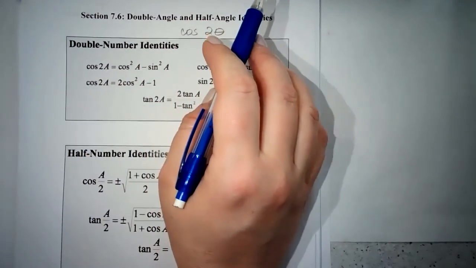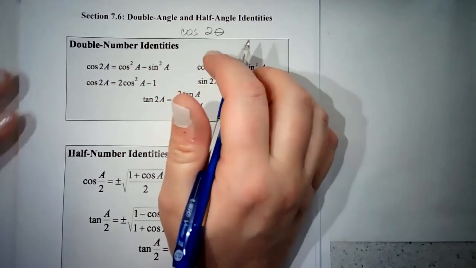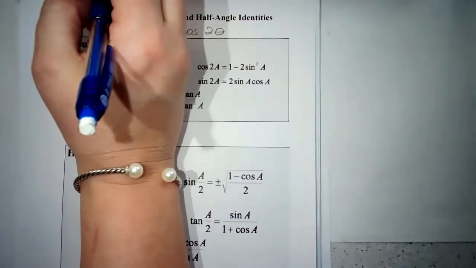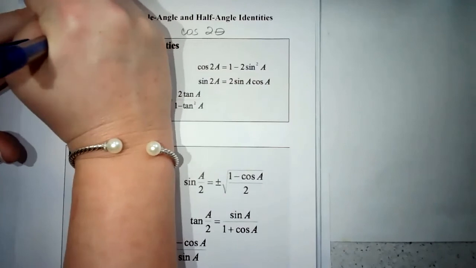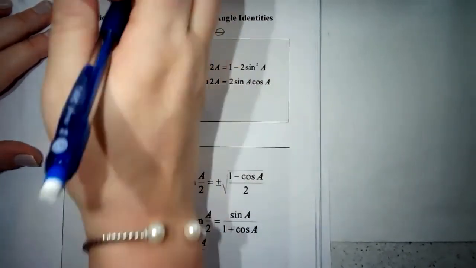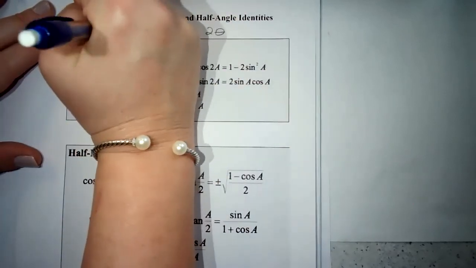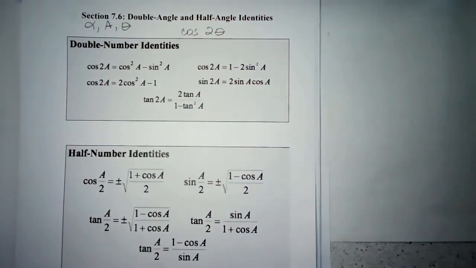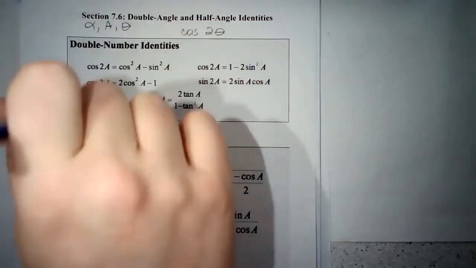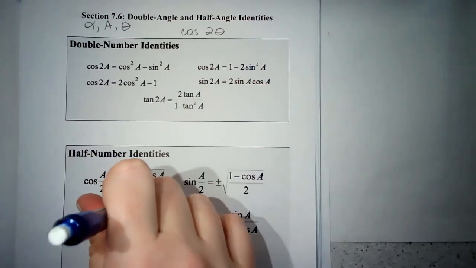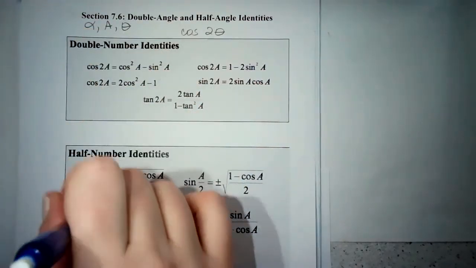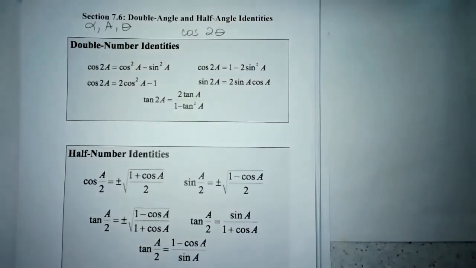My math lab will sometimes call it alpha, sometimes they use a capital A, and sometimes they'll use theta. So depending on what problem you have for section 7.6, they're going to mix and match it all through there for the double and the half. So keep that in mind, okay? Just replace your capital A with alpha or theta, depending on what problem they give you, okay?